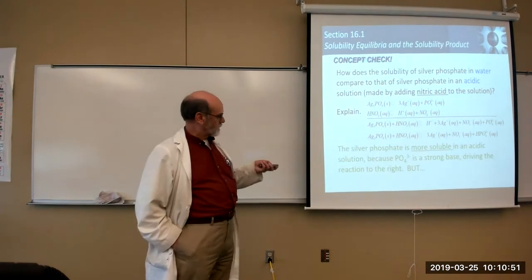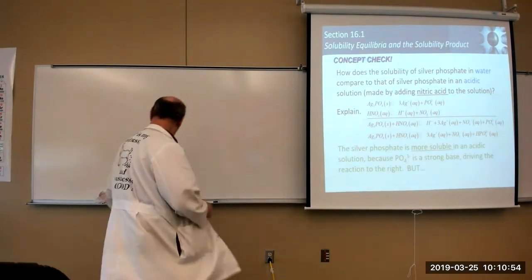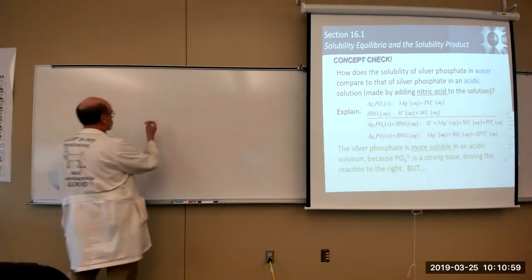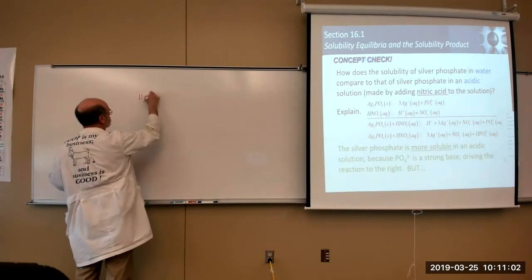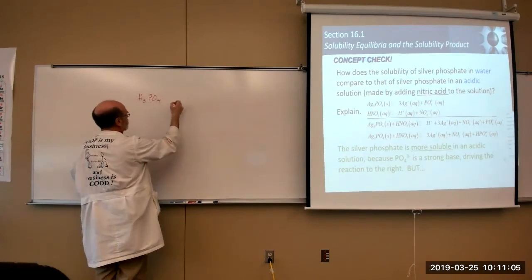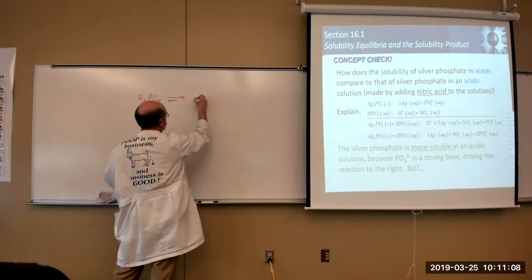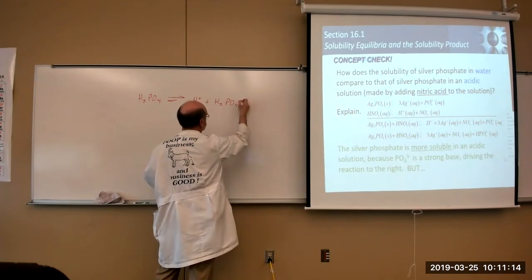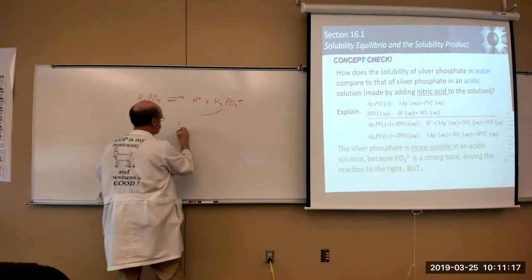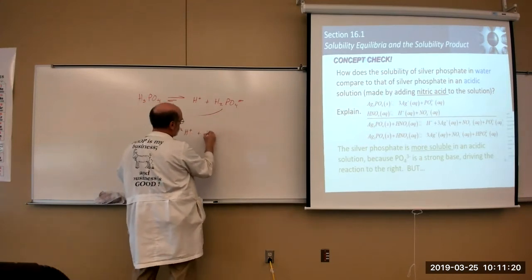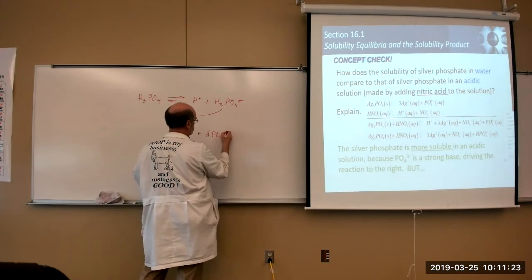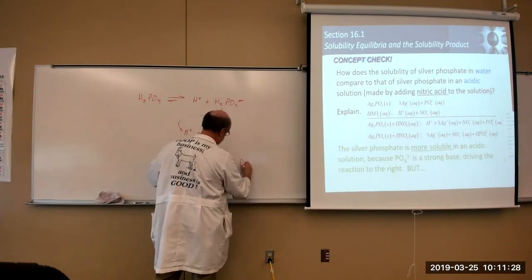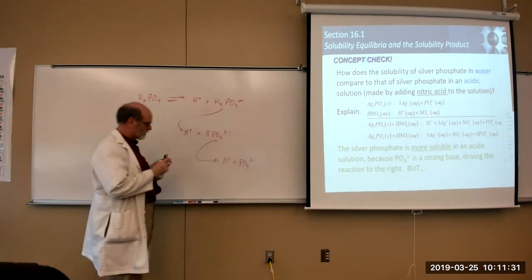So by the time we get down to this one, here it is. That's a weak acid to begin with. But it produces this and this 1 minus. And then this dissociates into that and that. And then this dissociates into this. Okay?